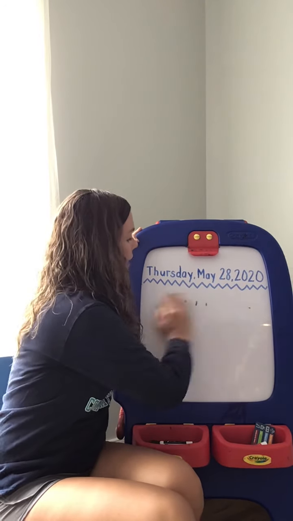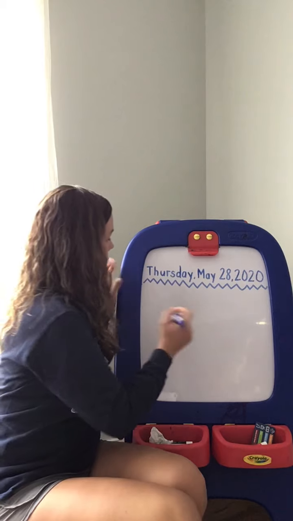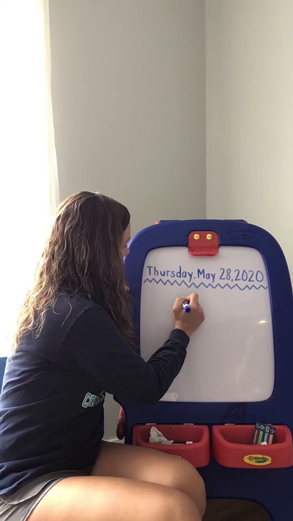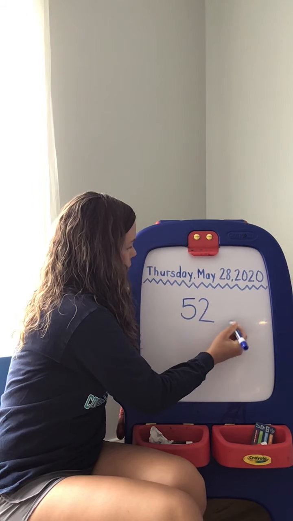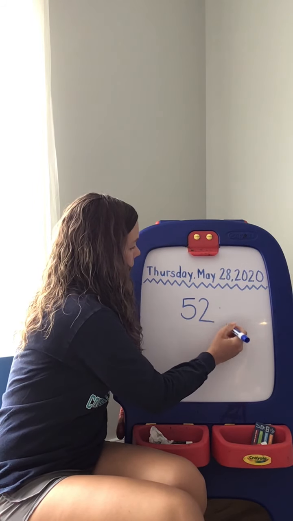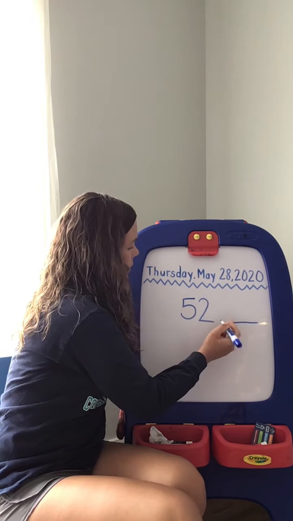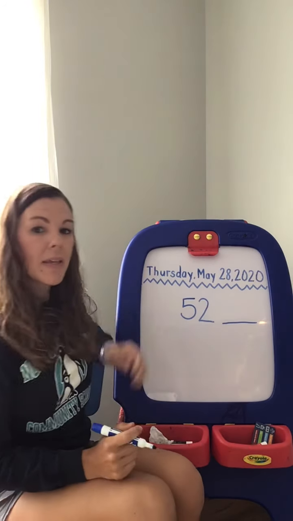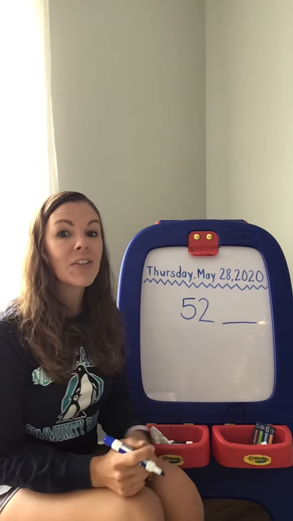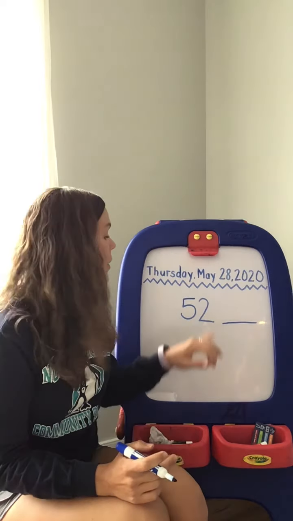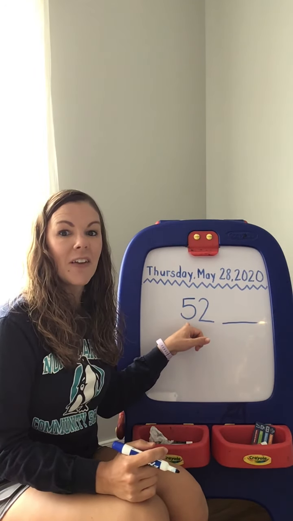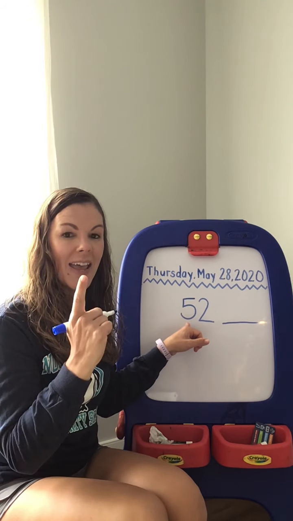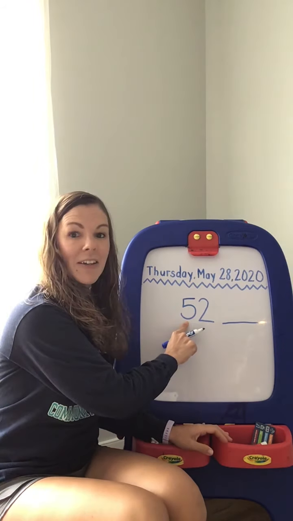Today what I want to do is just focus on 10 more. All right, so let's look at another number here. 52, and 10 more than 52 would be what? All right, so we're looking for 10 more, which means we're going to look in this tens house. If you're given 1 more 10, what would 1 more 10 here be?